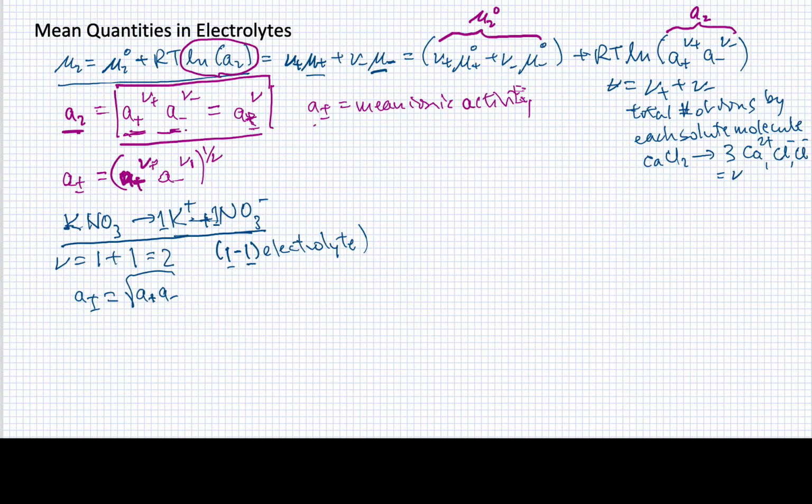Okay, so this gives us a way of defining a new quantity, and this new quantity is now one that we can begin to derive some thermodynamic expressions for so that we can get some understanding of these systems. Now I want to point out another thing, and that is that with activities, we have in the past written them in terms of activity coefficients. We even saw a graph of an activity coefficient earlier.